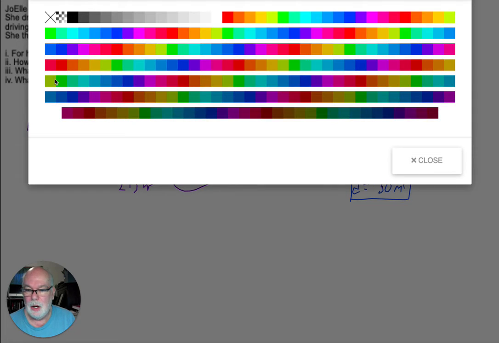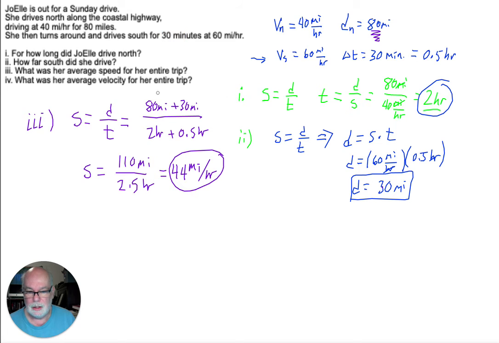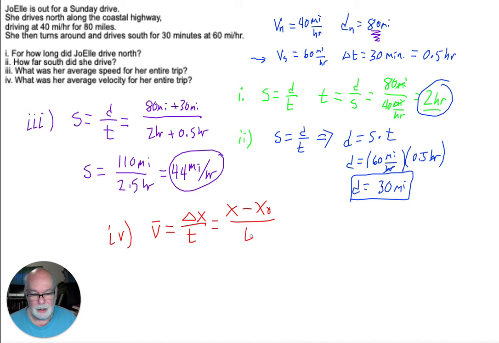Now, when we look at her average velocity, this is part 4. Average velocity is defined as the total displacement divided by the total time. This would be a final position minus an initial position, divided by the time it took.